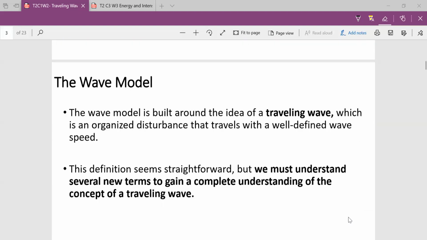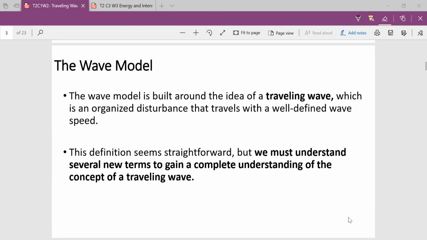Okay, so we'll begin our discourse by looking at the wave model. So the wave model, like we've seen before in our previous class when we looked at the particle model, we use the particle model to describe the object or a whole system as a dot.